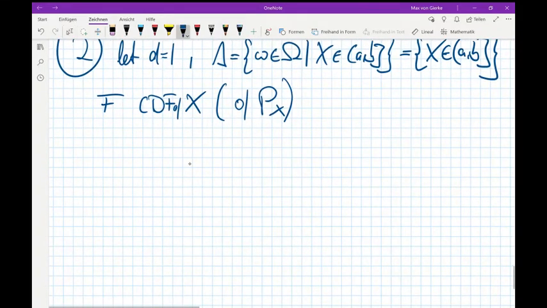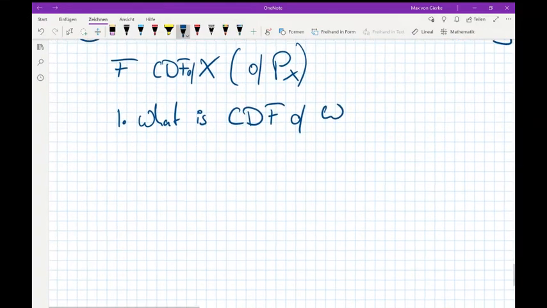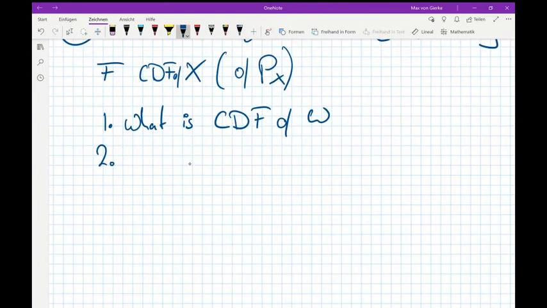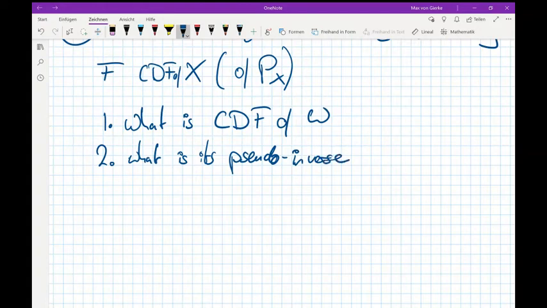So what we want to do now is sampling from W, and we do this in 2 steps. Step 1, what is the CDF of W? And step 2 is what is its pseudo inverse? Okay, these are the 2 steps we need to do here.